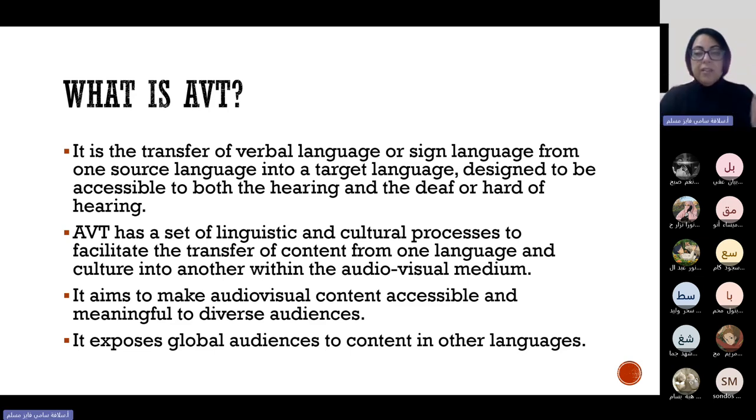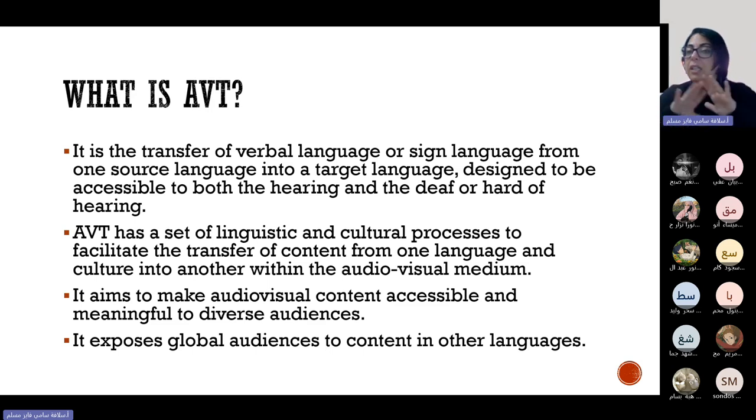AVT, as any other form of translation, has its own set of linguistic and cultural processes, meaning that AVT has its own set of translation strategies. This is done to help us transfer the meaning from one language to another, because translation is about communicating the meaning from one language into another.